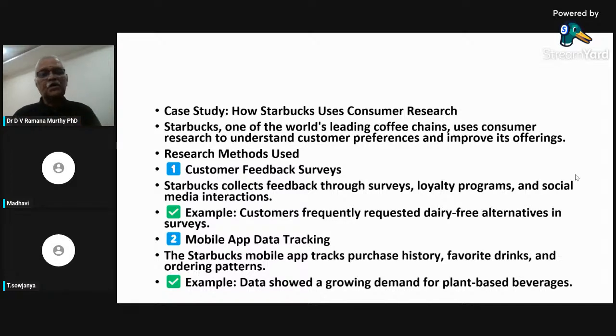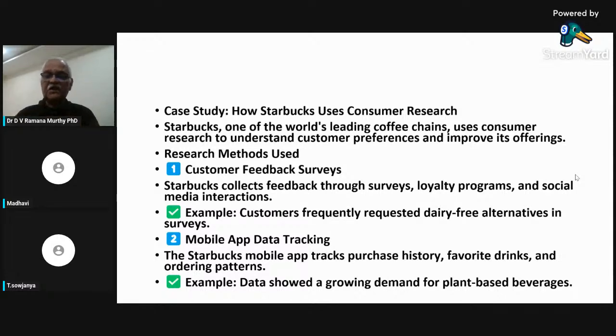Starbucks, one of the world's leading coffee chains, uses consumer research to understand consumer preferences and improve its offerings. It's a global brand, you know that. Now, how does Starbucks use this consumer research? What is their methodology? Their methods include, one, customer feedback surveys, meaning that Starbucks collects feedback through surveys and loyalty programs.